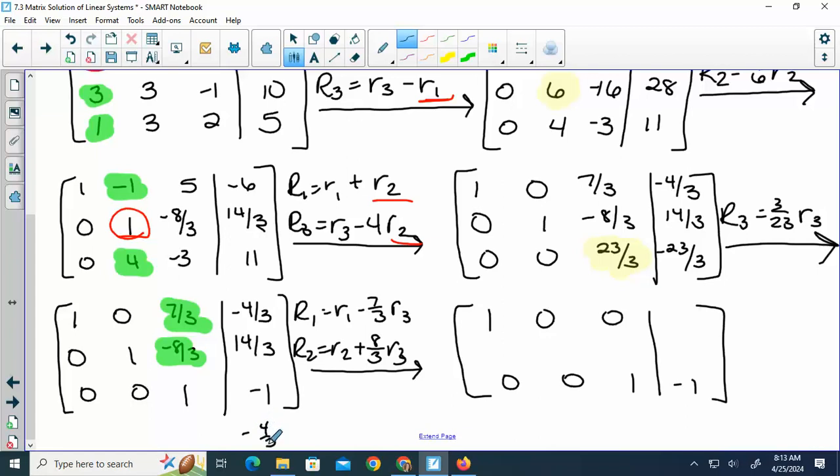Negative 4/3 minus 7/3 times negative 1. 0 plus 8/3 times 0 is still 0. 1 plus 8/3 times 0 is still 1. Negative 8/3 plus 8/3 times 1 is 0. 14/3 plus 8/3 times negative 1.